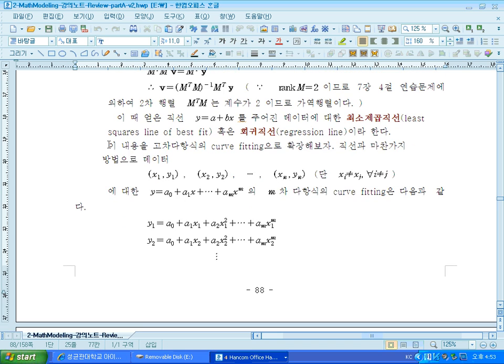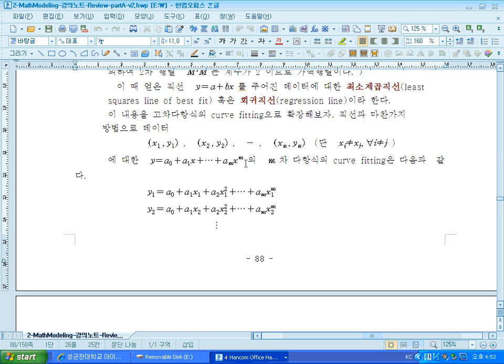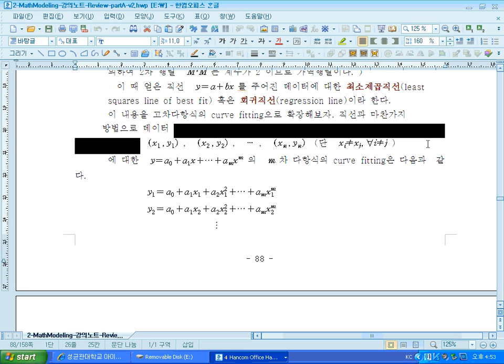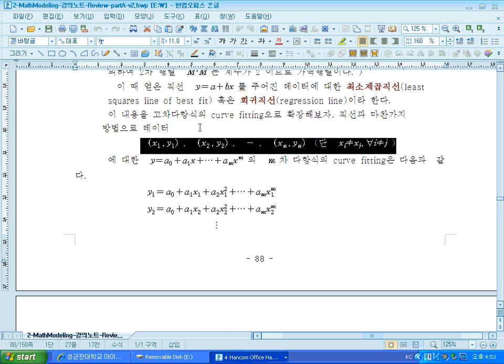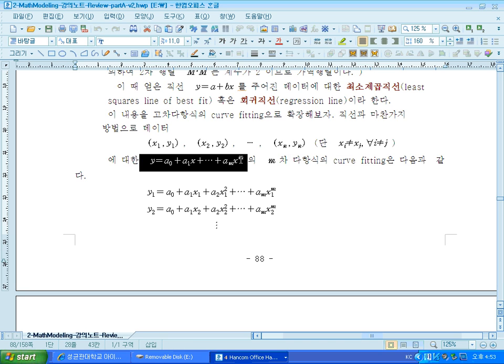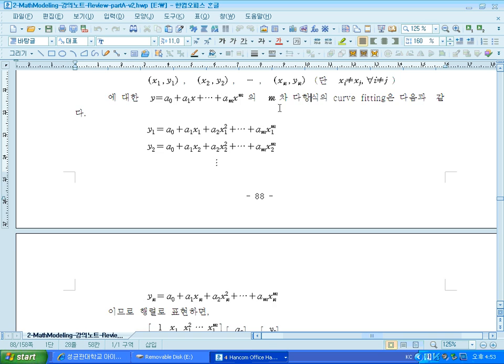Okay, we can extend this knowledge to higher order polynomials. Suppose we have n data points from the experiment, and suppose we are looking for a polynomial of degree m that passes through these n points.